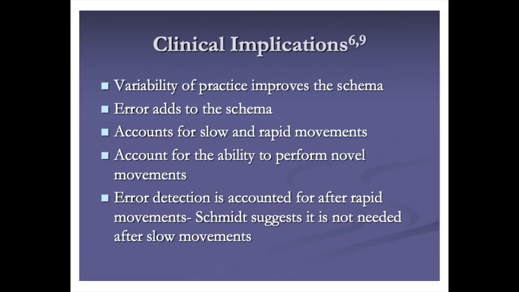And Schmidt actually says after slow movements, maybe you don't need it because you had the ability to update it. So maybe it's not as needed for slow movements as it is for rapid movements. So in this way, Schmidt took the best of Adams' theory and used it to account for limitations in Adams' theory.